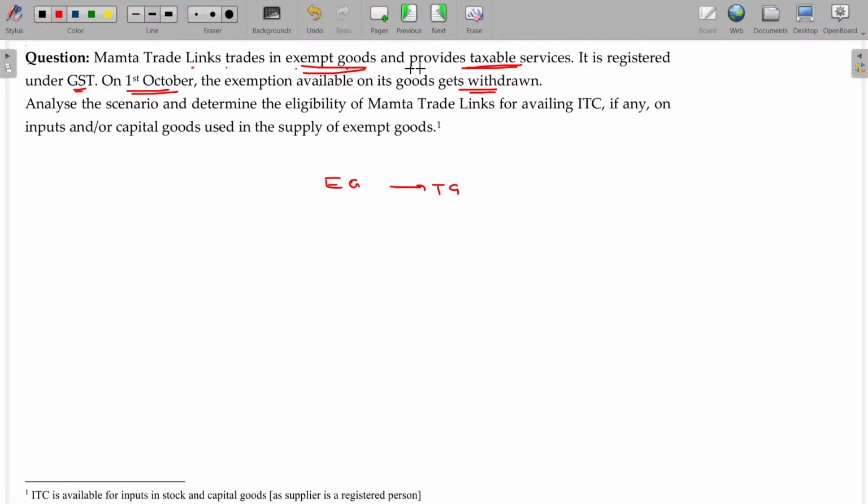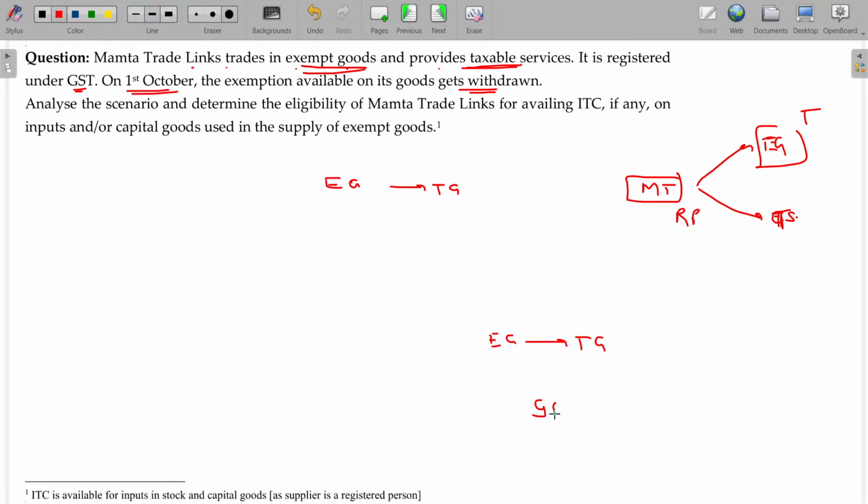Mamta Trade Links trades in exempted goods and provides taxable services. Now the goods become taxable. So if he is rendering taxable supply, definitely he should be a registered person. Now the exempted goods become taxable goods, means he is eligible for what? Stock and capital goods. If he is already a registered person, he is eligible for two benefits, stock as well as capital goods. Else he is eligible for only one benefit.